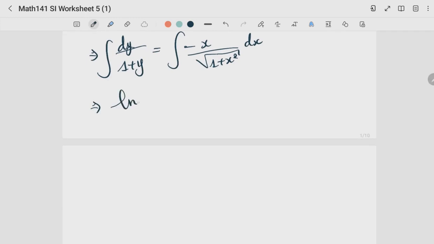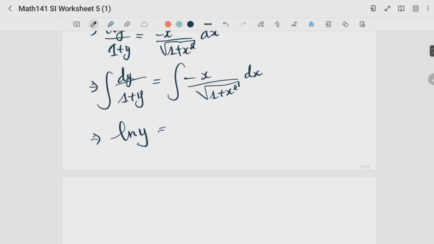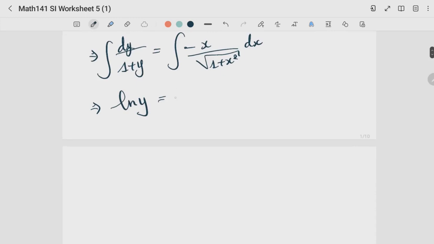That's just ln of y. The integral on the right-hand side, on the other hand, is not as intuitive to sort of notice. So what we can do here, right, is use substitution, right? So let's leave that like that, and let's solve it separately for now.